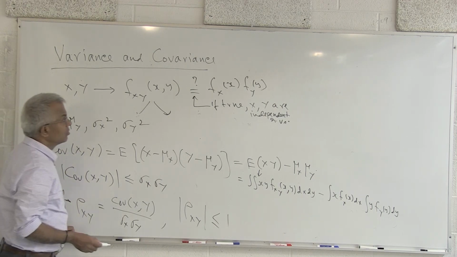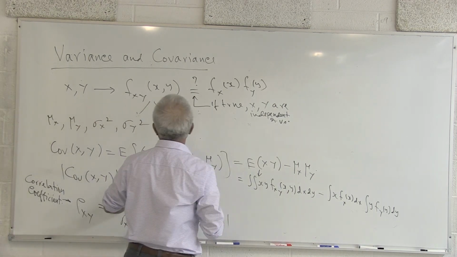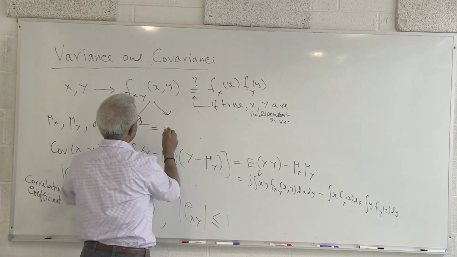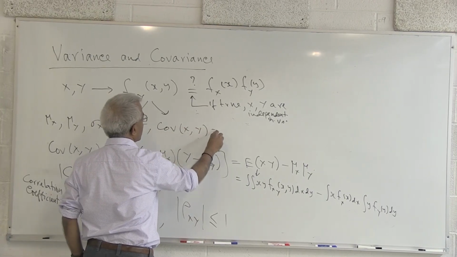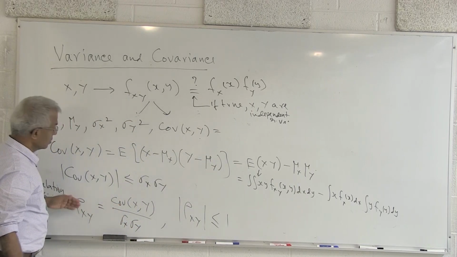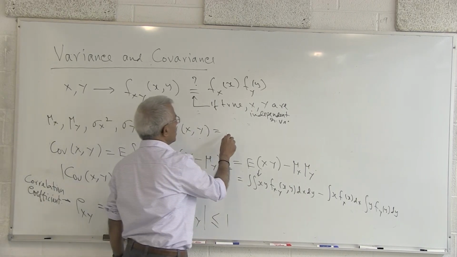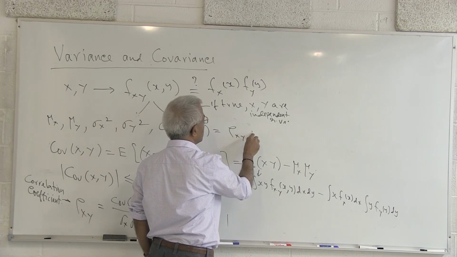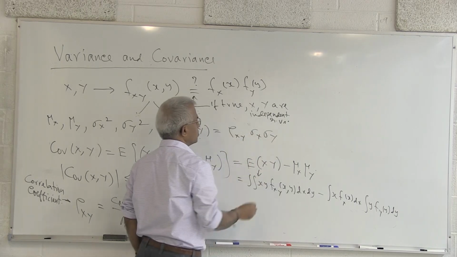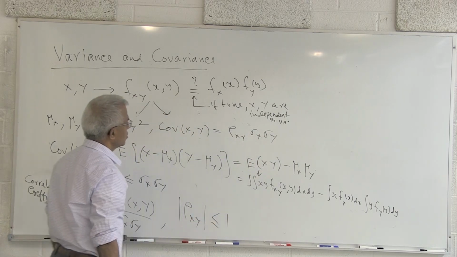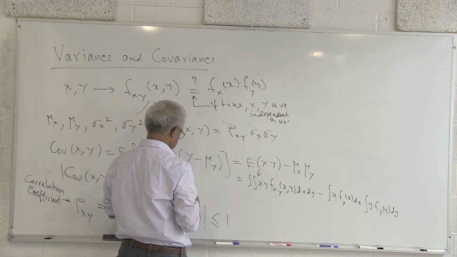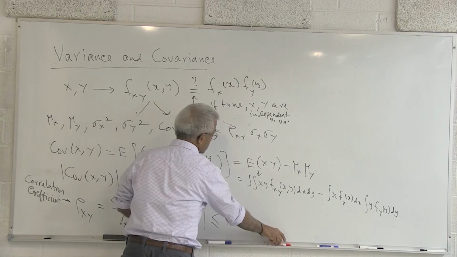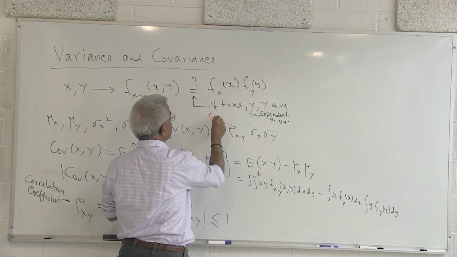Conversely, we can cross multiply and write the covariance of x comma y as rho xy multiplied by sigma x sigma y, where rho is the correlation coefficient between x and y.